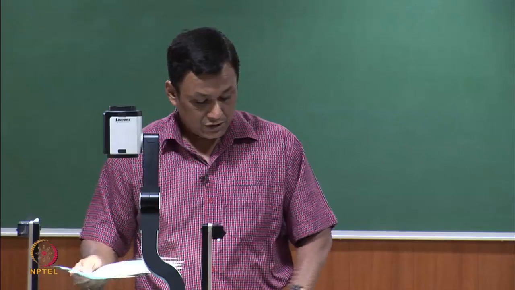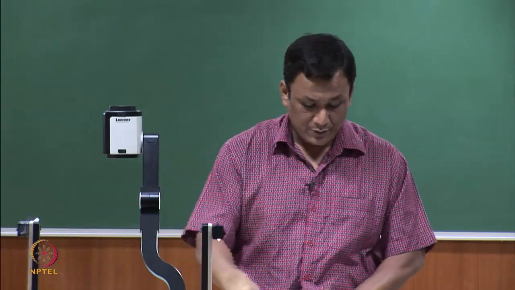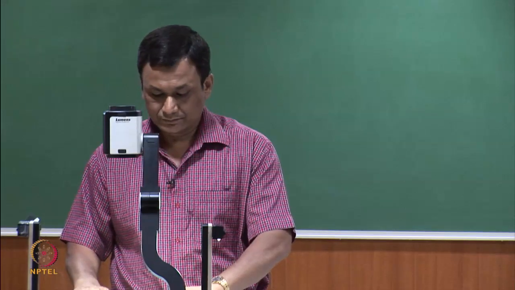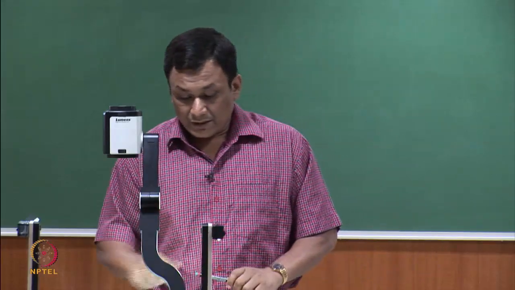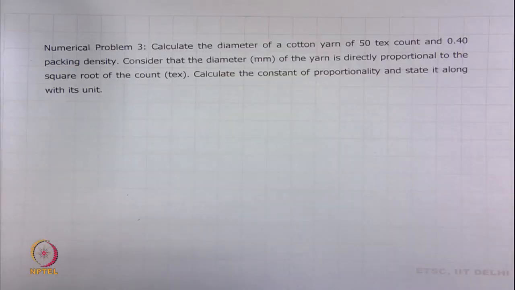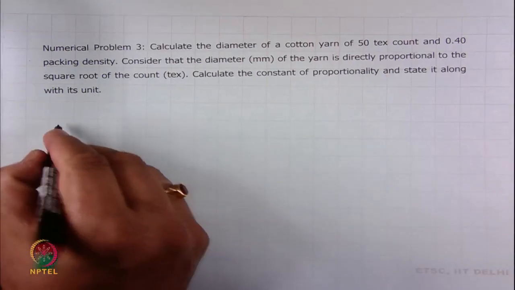Okay. So, then we proceed to numerical problem 3. Calculate the diameter of a cotton yarn of 50 tex count and 0.40 packing density. So, what is given?